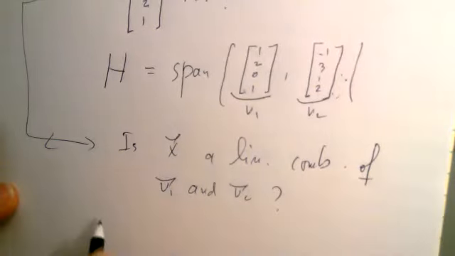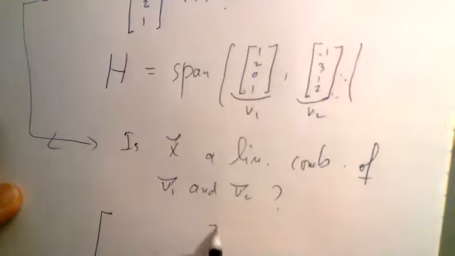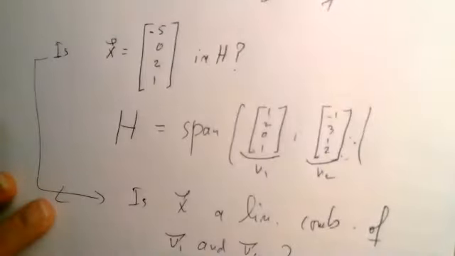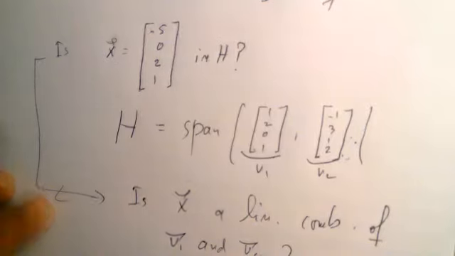So now, to decide whether X is in H, I set up my system. This is my H: 1, 2, 0, 1, and minus 1, 3, 1, 2, and my vector X is minus 5, 0, 2, 1.